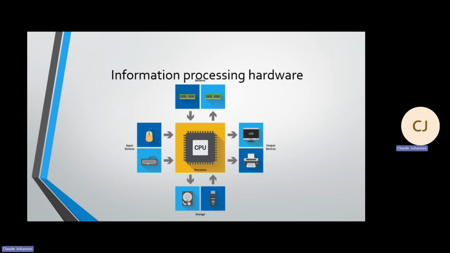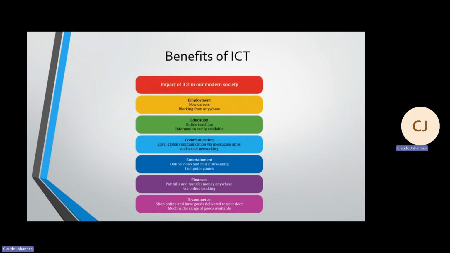If you want longer storage, you would put it on your hard drive or your flash drive. The output device would be the screen that displays this data to you, or the printer that prints that particular information.